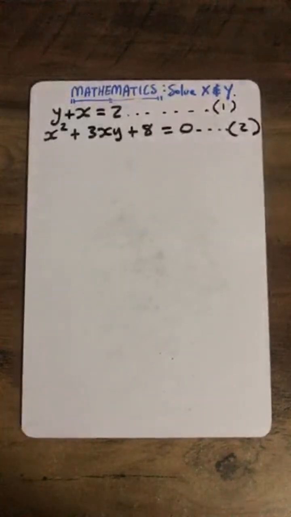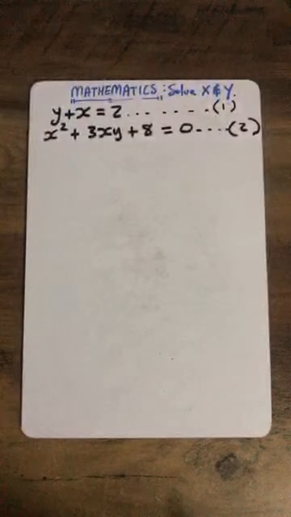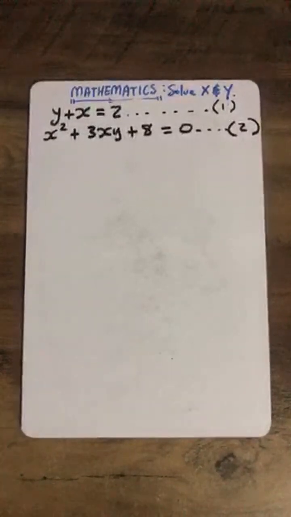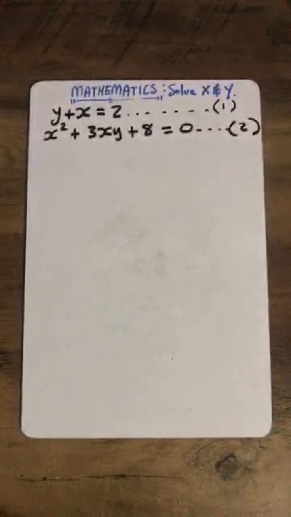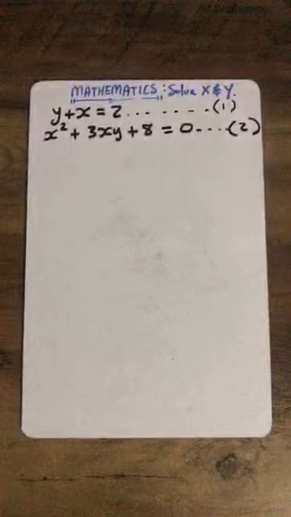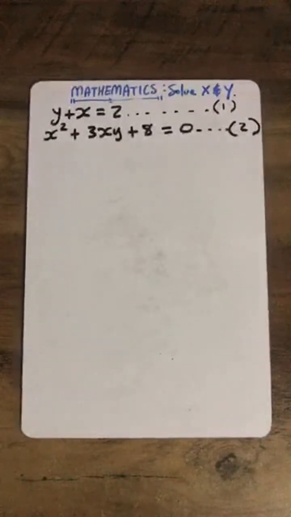Would you make y the subject of the formula, or would you make x the subject of the formula? You can just comment in the comment section and let me know. Let me quickly get myself a very nice cold glass of water. When I come back, I'll just be checking the comments to check what is it that you would make the subject of the formula.